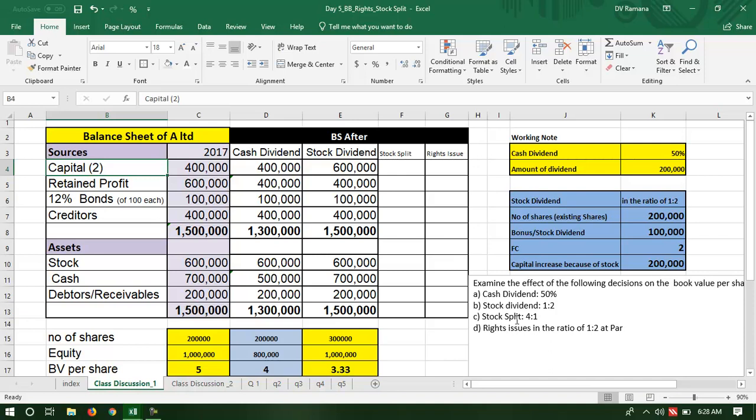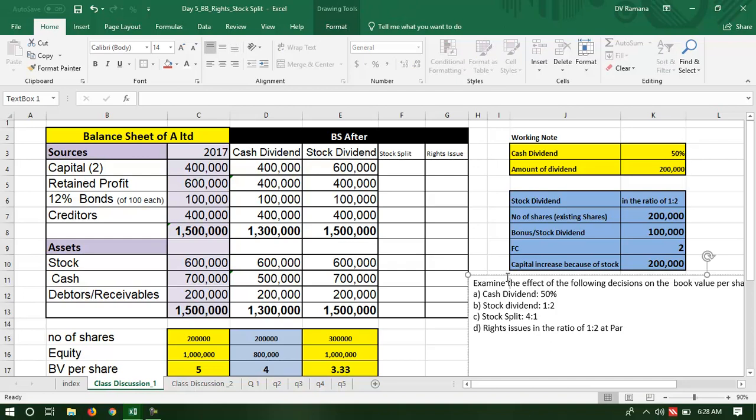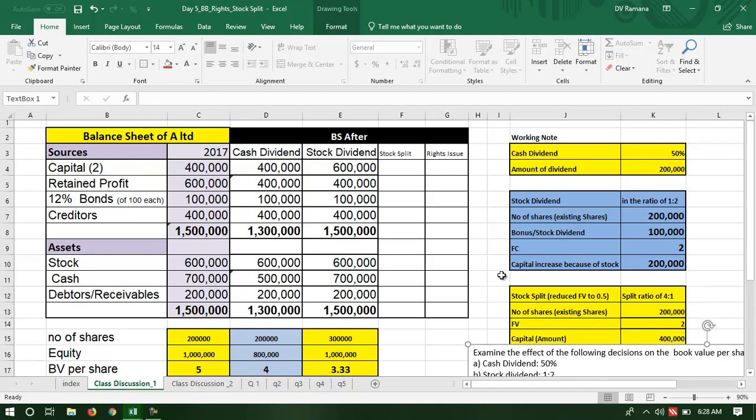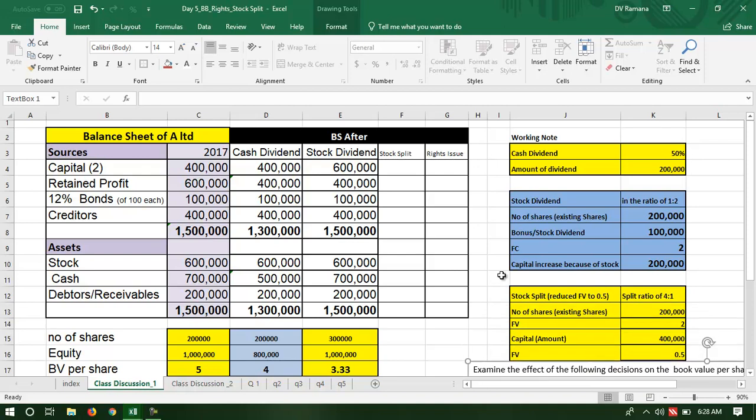So here we are splitting the stock in the ratio of 4:1. That means 4 shares are issued to the existing 1 share. In other words, 1 share is divided into 4 shares.